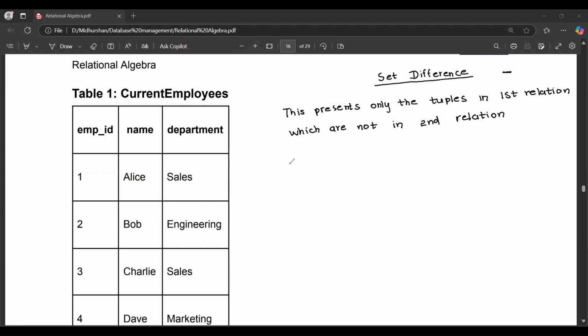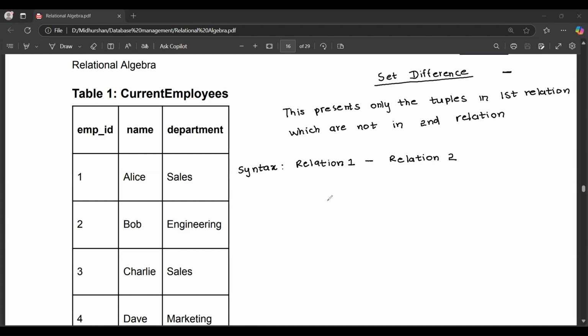Here, I'm going to teach you about the syntax first. If you have a relation 1 and you apply set difference with relation 2, you'll be left with a subset of tuples which are only present in relation 1 when compared to relation 2.